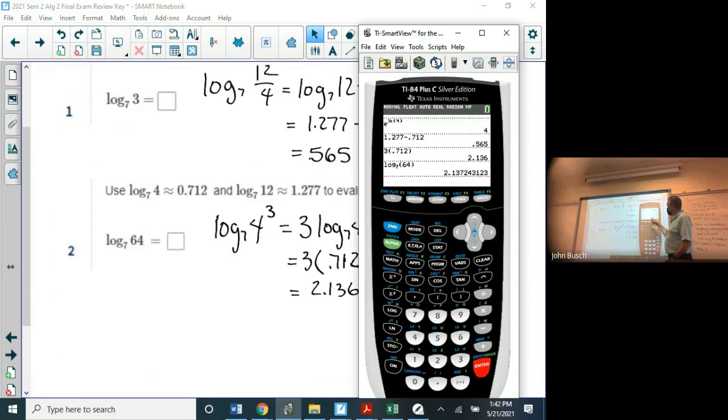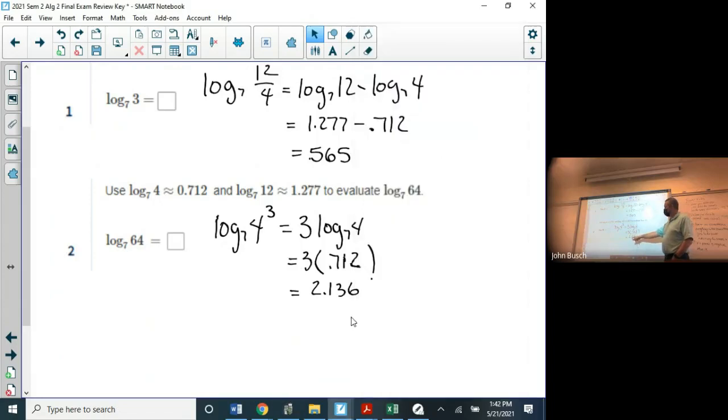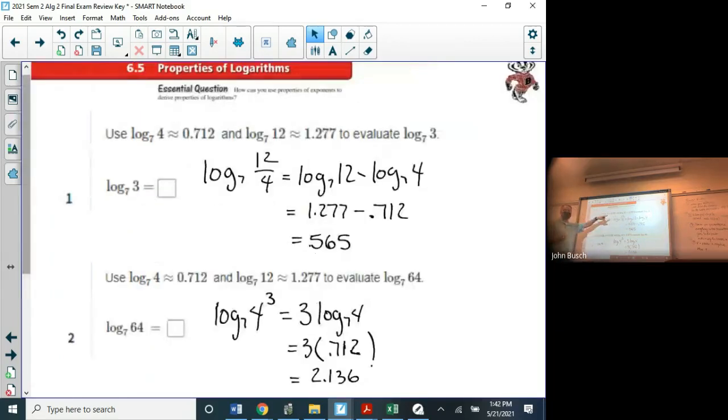And you get 2.137, which is the real answer. And it's pretty darn close to 2.136. And if it's multiple choice, that might be enough. I doubt that the choices in a multiple choice test are like 1/1000th away from each other. If they are, then you really have to use what they give you. But if they're not, then you can just use log base and get the answer. I'm just thinking out loud.